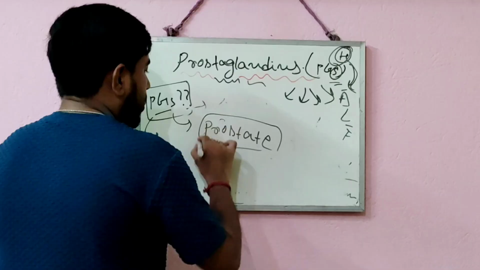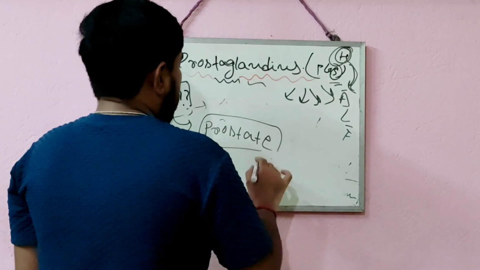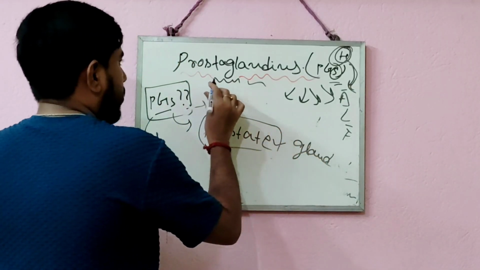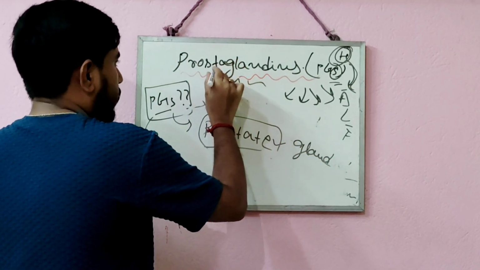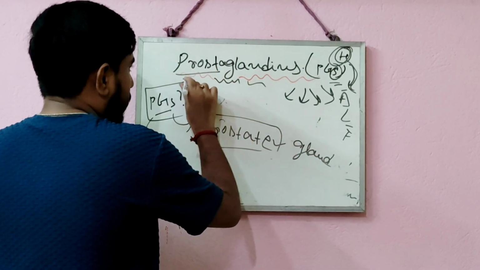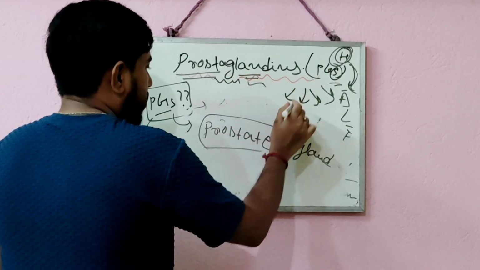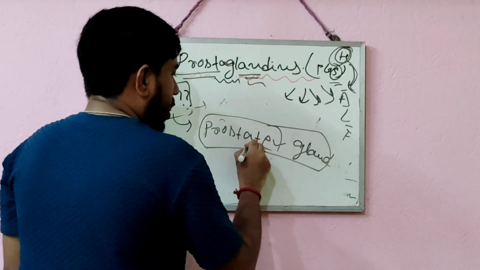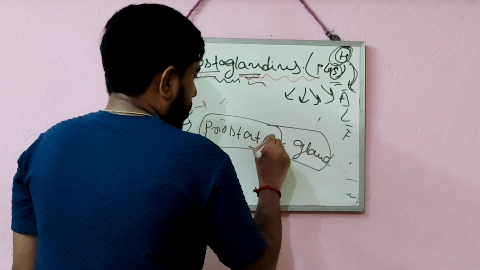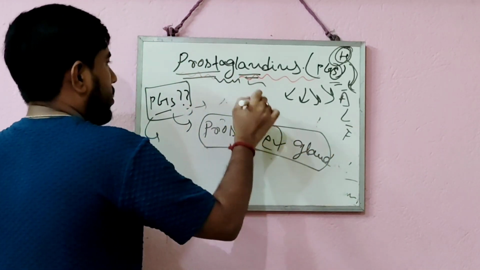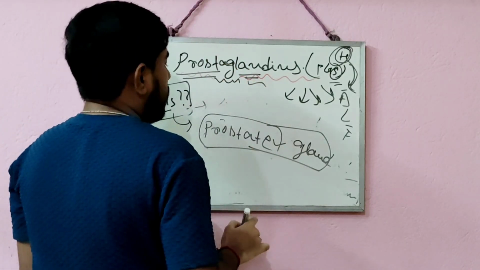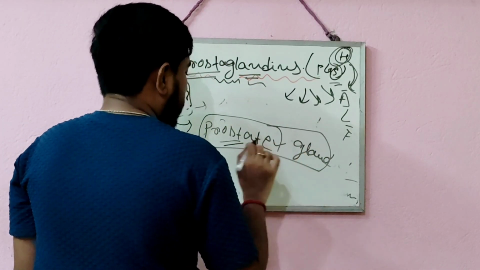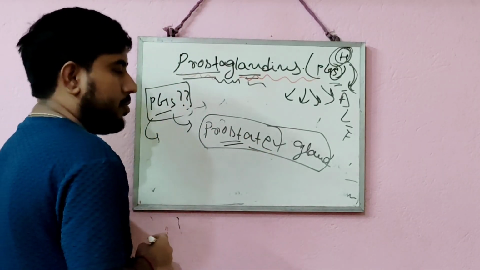Generally, most of the prostaglandin is secreted from the prostate gland. That's why this autocoid is named prostaglandin. From the name only you can understand that it is derived from the prostate gland and most of it is secreted from that part.